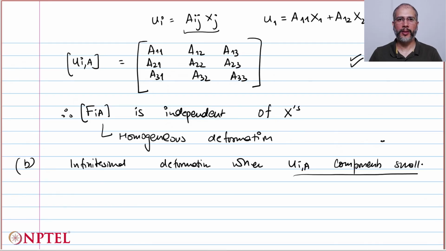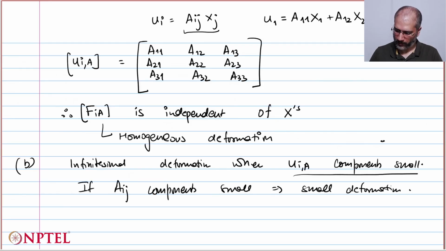So from this logic, infinitesimal deformation theory is valid when the components of the matrix A are small, so that we can neglect the product of components of A with respect to the individual components of A. So if the components of A_ij are small, this means we have a small deformation. That means we are in the regime of the infinitesimal deformation theory. So we can define a strain tensor.